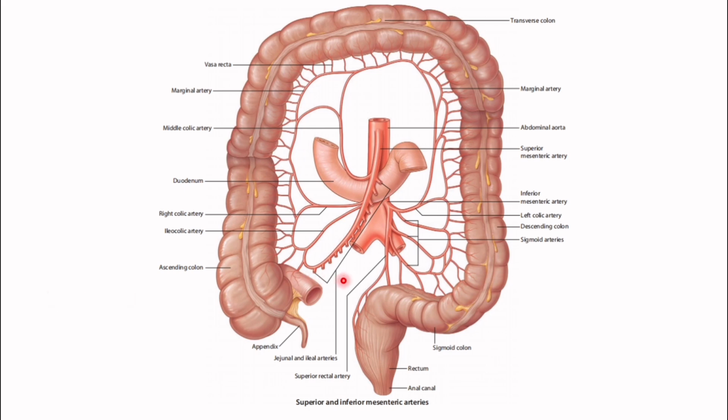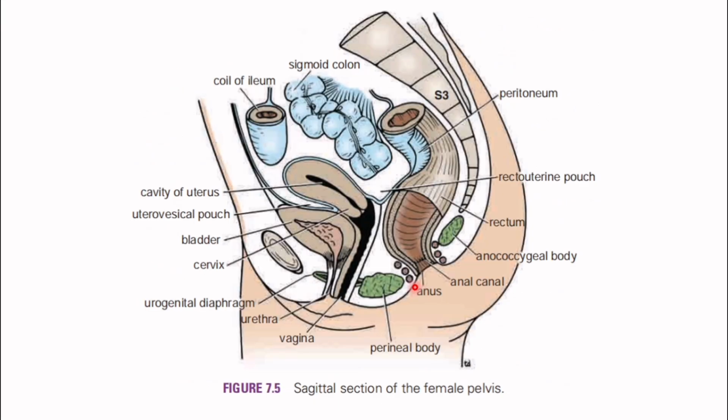Okay. Then from the sigmoid colon at the level of S3, we have another organ which is called the rectum. The rectum starts at the level of the third sacral vertebra and ends at the level of the tip of the coccyx.